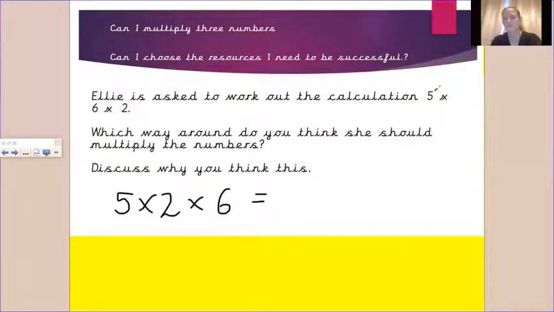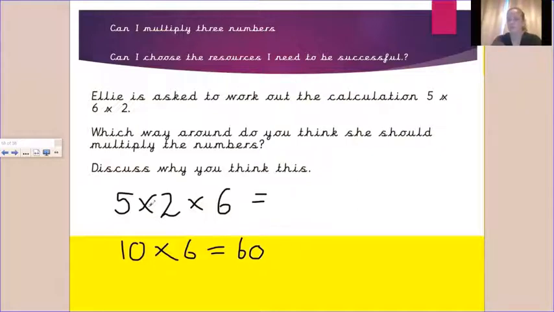Using my associative law, I know that 5 times 6 times 2 will still give me the same answer as 5 times 2 times 6. So if we work this out, 5 times 2 we know is 10. And now my question says 10 times by 6. And I know from my multiplication that 10 times by 6 gives me 60. Very good.